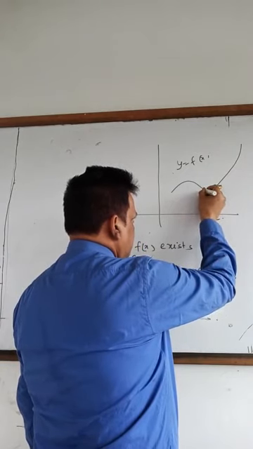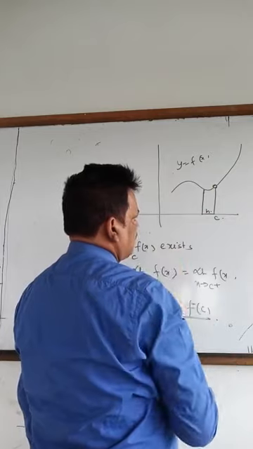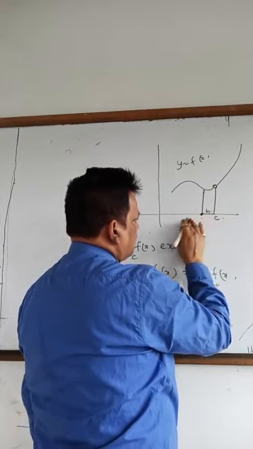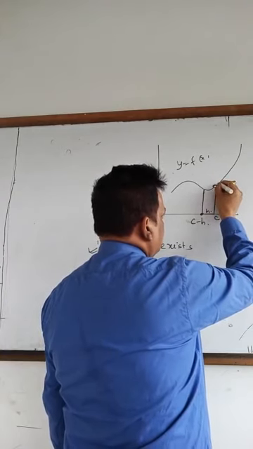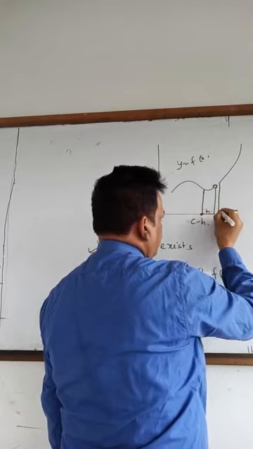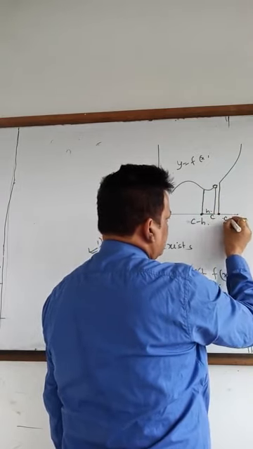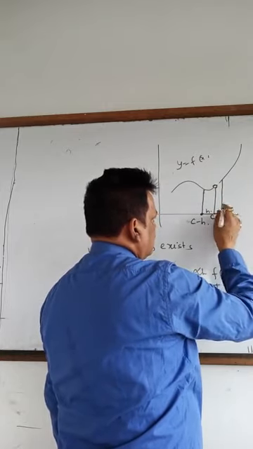Suppose I have taken this point. For any small value, if I consider this as h, then this point will be C minus h. Now I will consider there is a broken part here because of this point. This point is C plus h. I have taken it far out from here.